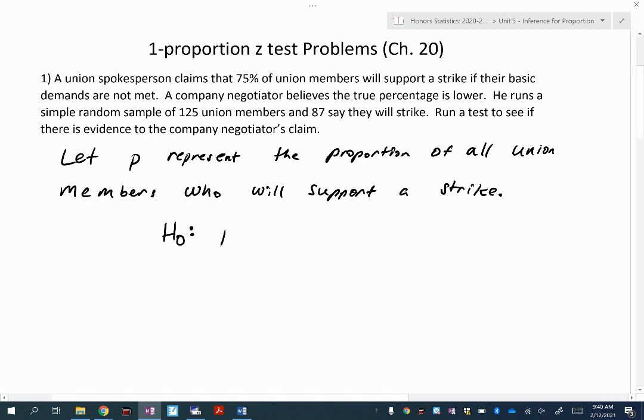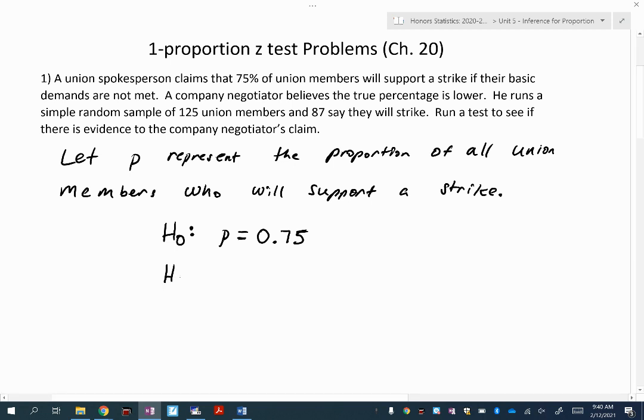That's exactly right. So P equals 0.75. As I said on Wednesday, whenever you're doing your null hypothesis, I should always see an equal sign. Even when we move into different types of tests, it will still always be an equal sign.